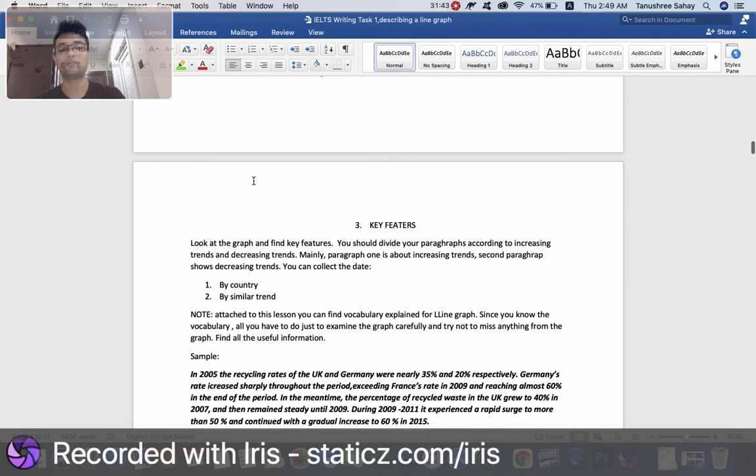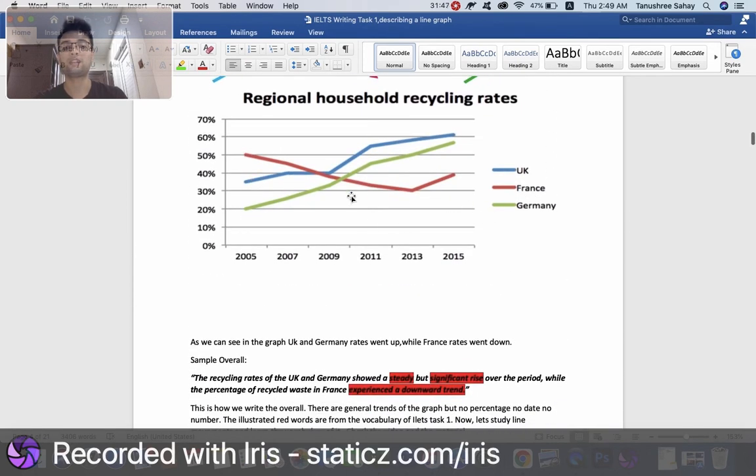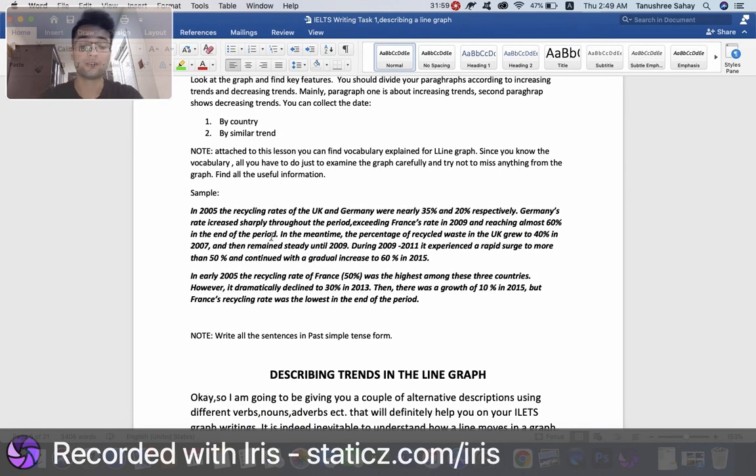So in 2005, which is the beginning of the period, the UK and Germany were at 35% and 20% respectively. So I use the adverbial nearly. It's also written down below in your vocabulary part.